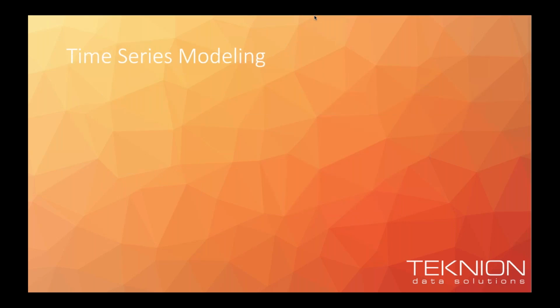So second thing is that time series modeling, there's multiple ways that we can do this, and I'm just gonna hit the high points on 3 of these ways, and then we're gonna illustrate 2 of them.